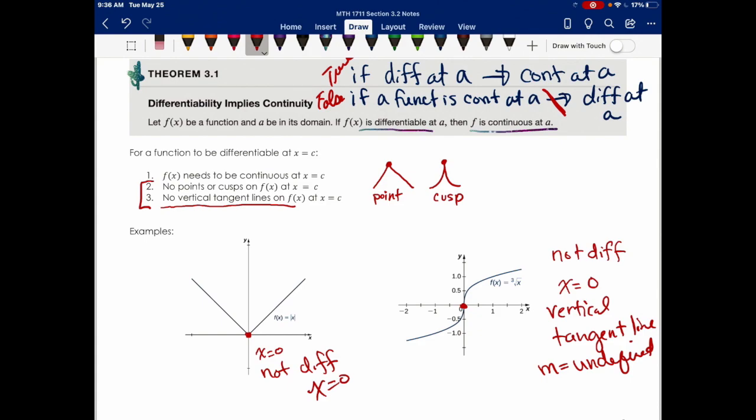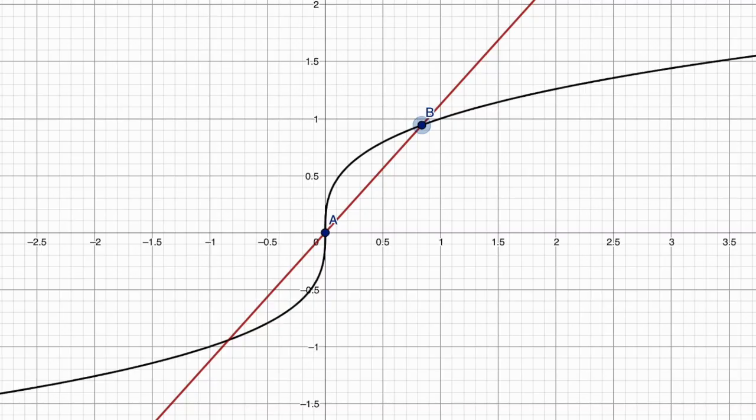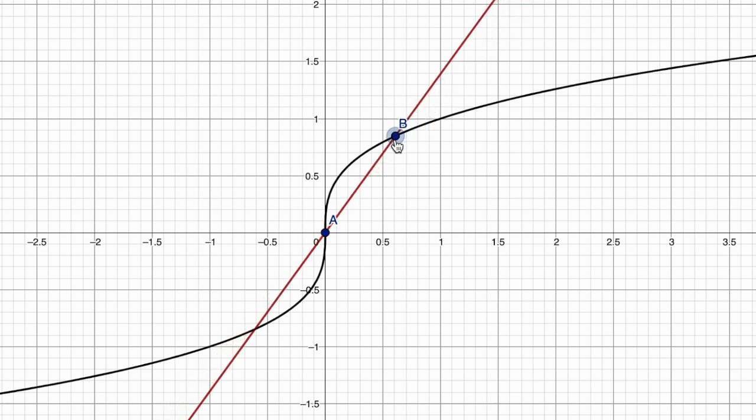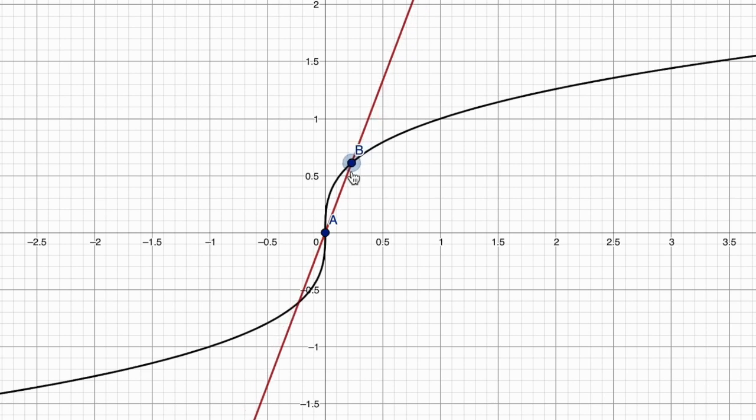Now let me show you how this works. For this example, for the cubed root of x, you can see I have point A and point B. Point A is at 0, 0, and then if I trace point B along the curve, so the distance between A and B is getting smaller and smaller, and we get closer and closer to having a tangent line rather than a secant line. And you notice when that happens, at x equals 0, we have a vertical line.